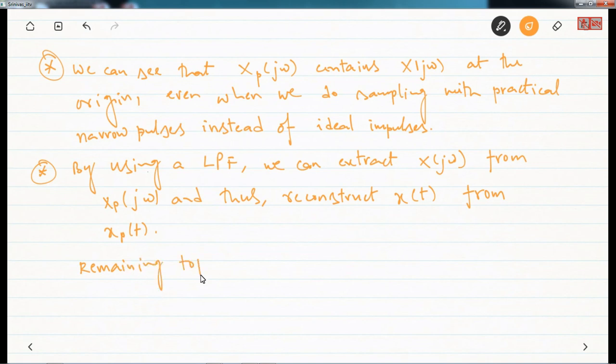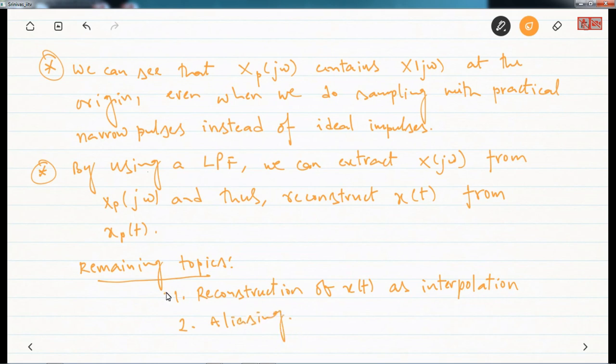Only one more thing is left, the remaining topics in this unit. If we get one class, then we will definitely finish it off. So one is reconstruction or interpolation, reconstruction of x of t as interpolation, and the second concept is aliasing.